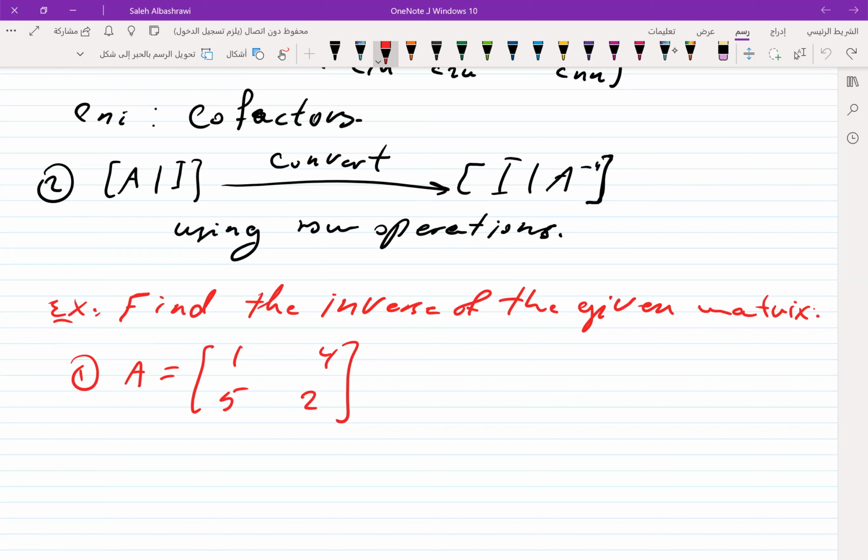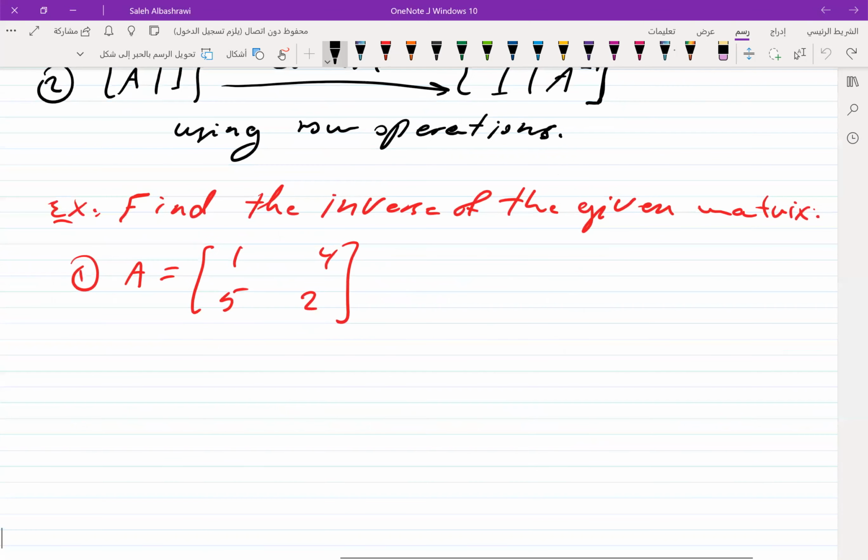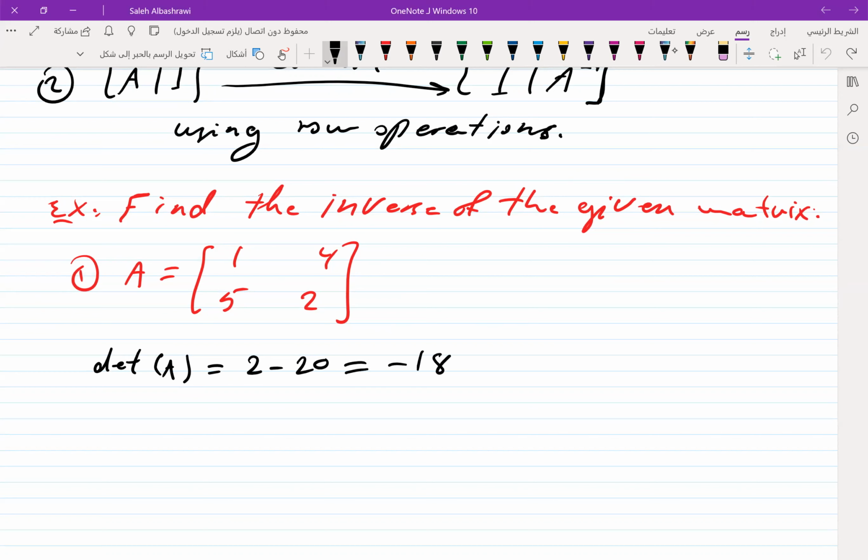Let's find the inverse of this matrix, 1, 4, 5, 2. If we find the determinant for this one, it is equal to 2 minus 20, which is equal to minus 18. So this is not equal to 0. So it has an inverse. This is non-singular.